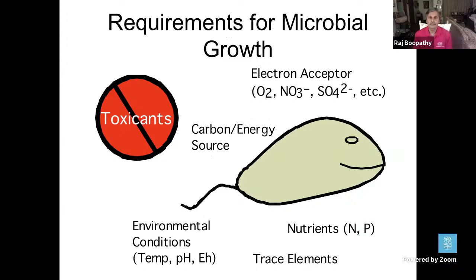So let's look at the requirements for microbial growth. You need to have an electron acceptor. The electron donor could be the contaminant itself, or the carbon source could be the contaminant itself. You have to have these conditions for bacteria to be happy: right pH, temperature, and then the limiting factors. And sometimes you have to add some trace elements. This trace element, most of the time in the subsurface, is okay. Mostly the limiting factor is nitrogen, phosphorus, and if it is aerobic, the oxygen.